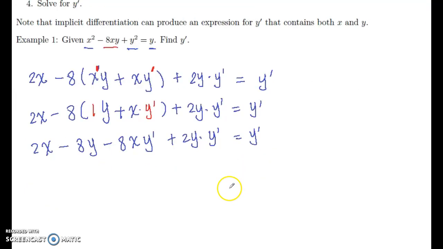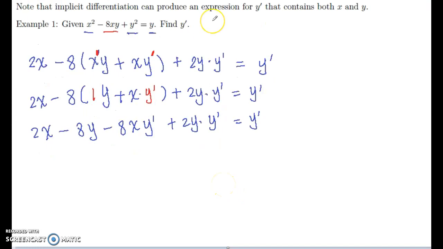So we collect all the terms with y prime, which are these terms on the left hand side. I'm going to write them with the positive term in the front.